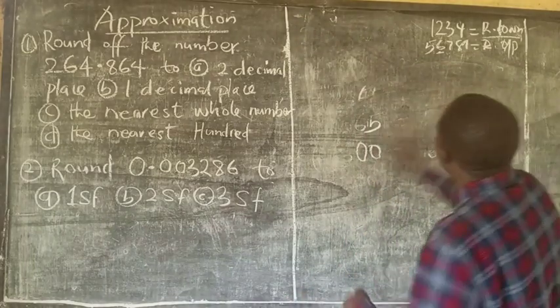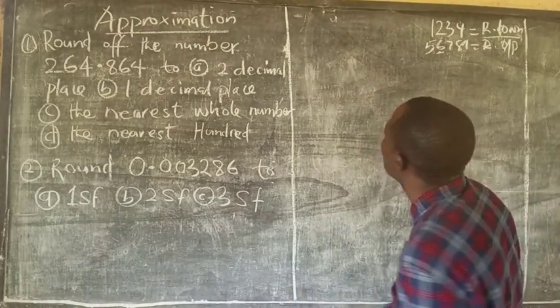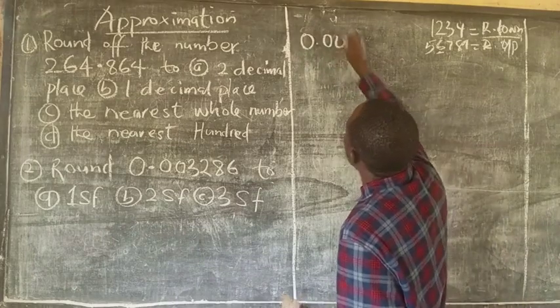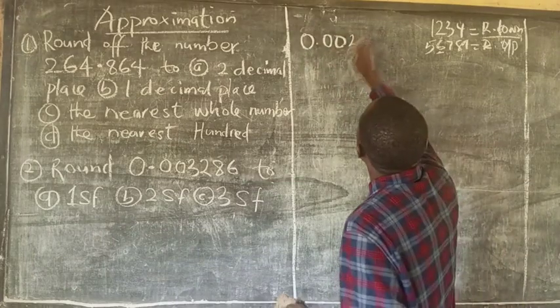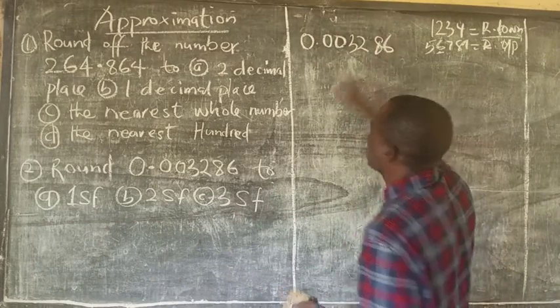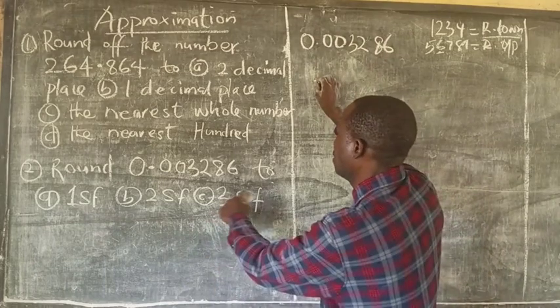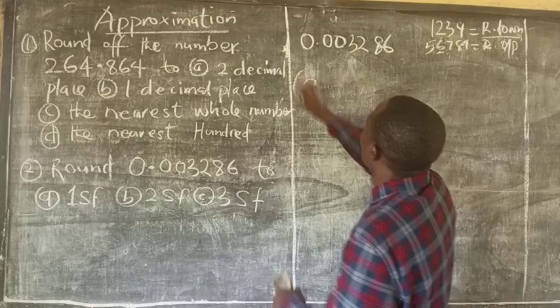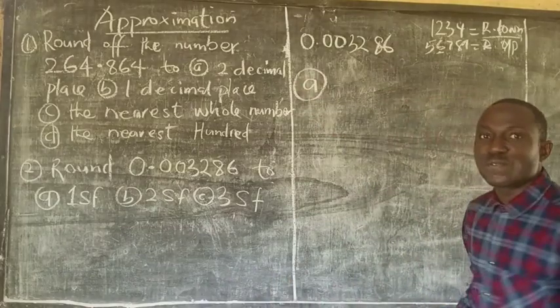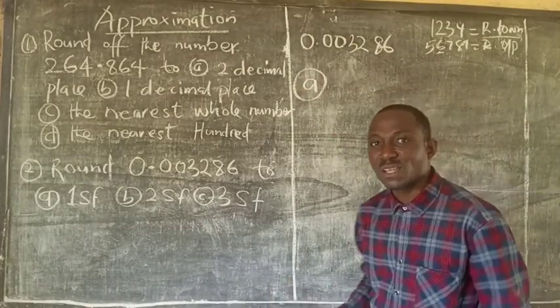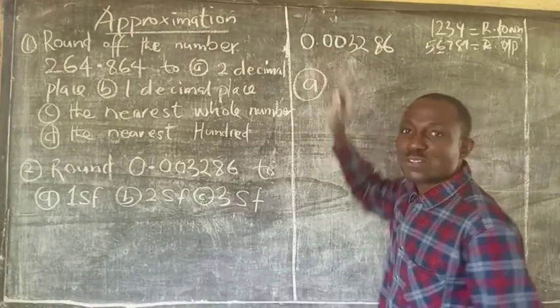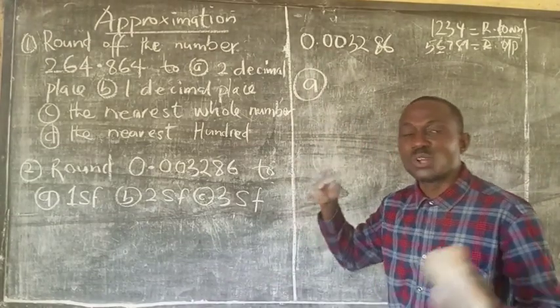The number one there is, okay, A said this is the number 0.0033286. And A said to two significant figures. Zero is not significant. We don't need it.